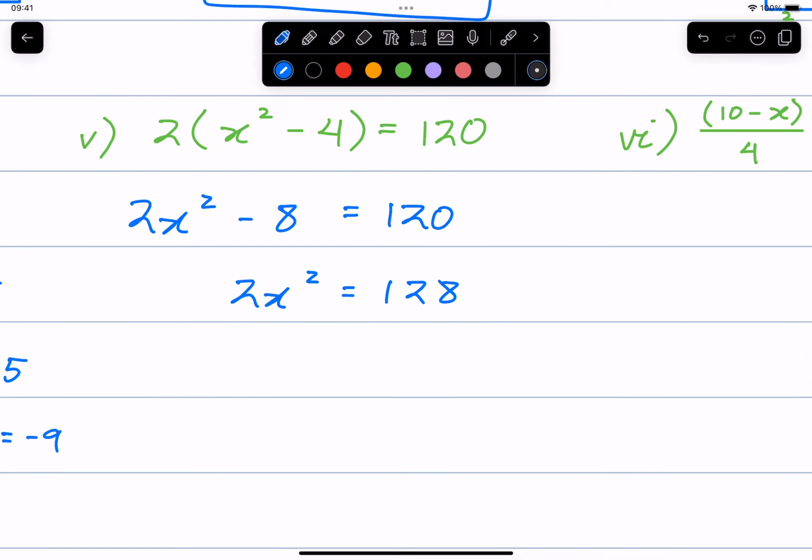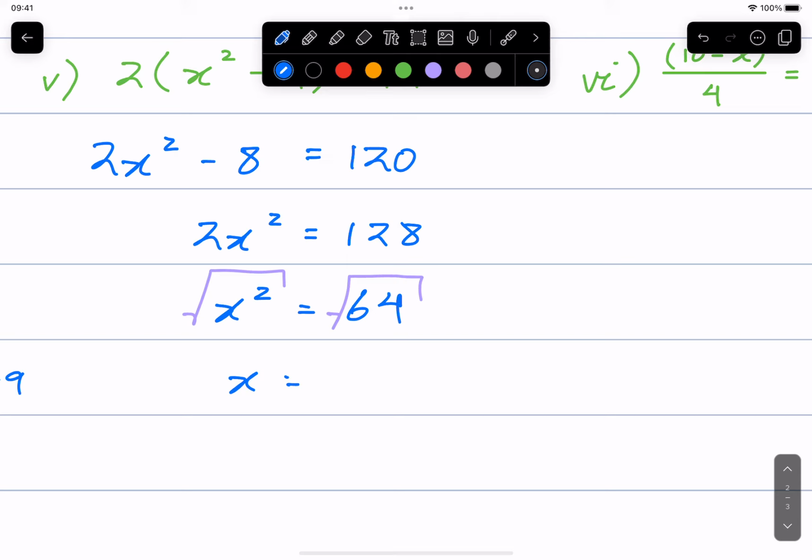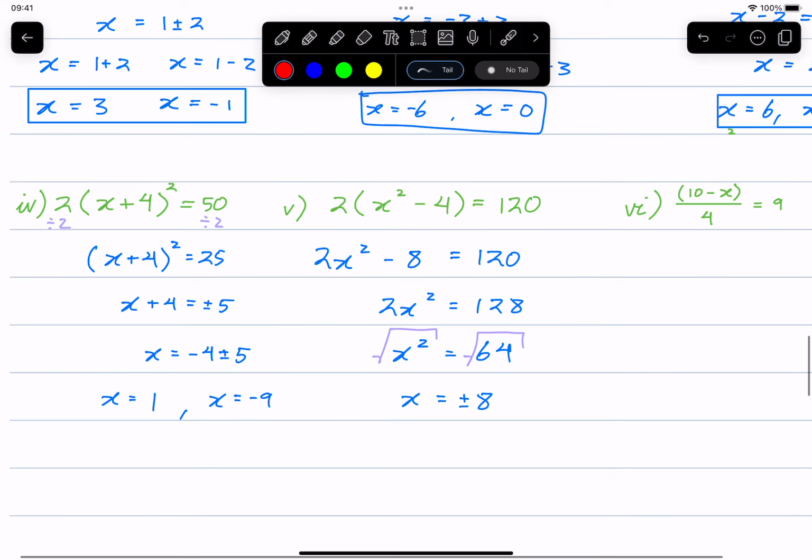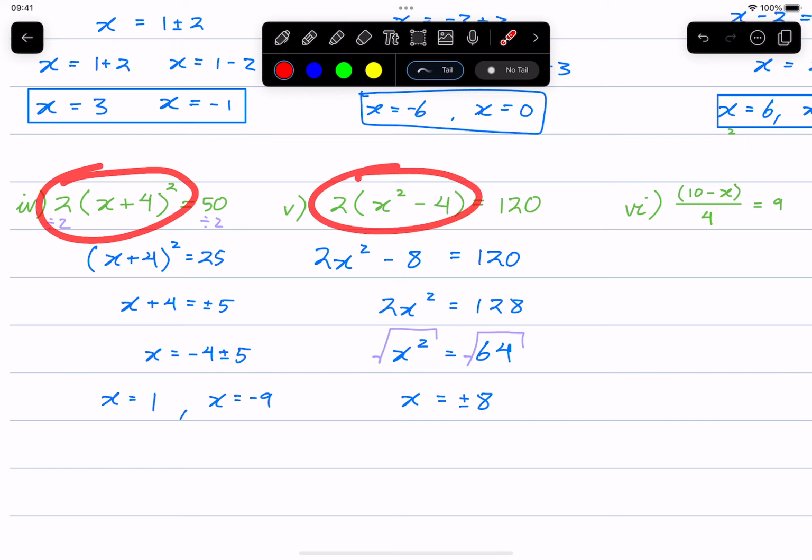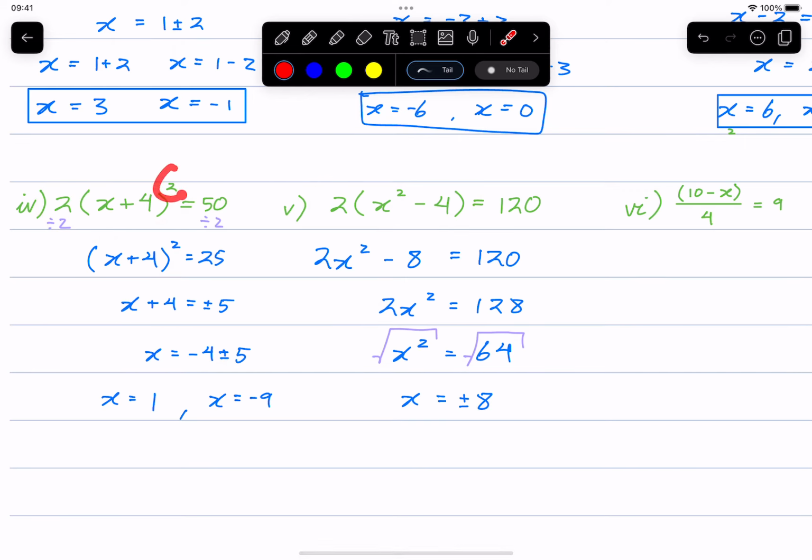Then we would halve everything. Half of 12 is 6, half of 8 is 4. And then from here, we can take the square root of both sides. This one is x equals just plus minus 8. Notice how simply by changing where the square is, one is on the group and the other is on the pronumeral x.